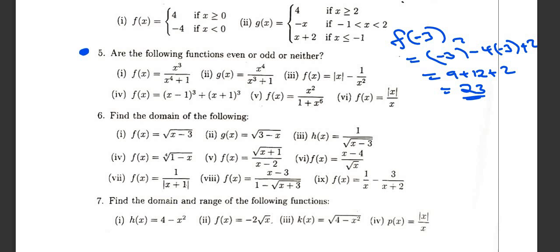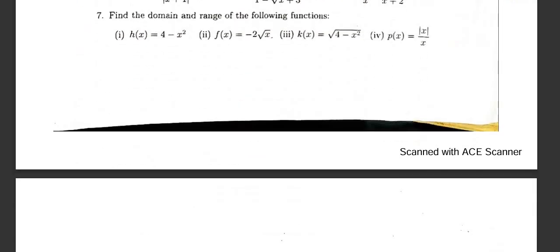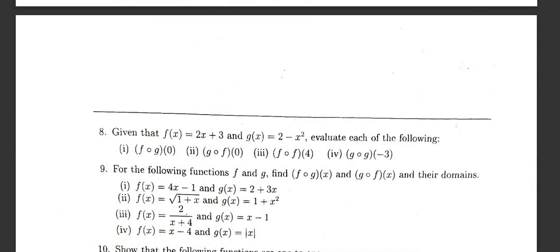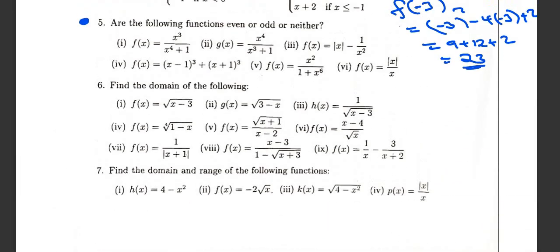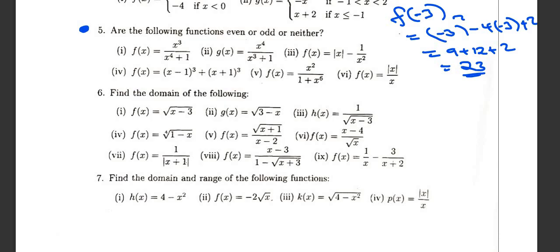We did how to determine whether a function is odd or even. So I'll answer number 5, then we'll go to number 6 and 7. Then this will be enough for today. Then we'll come back to composite and then getting the piecewise function sketching like question 4 later on. So today let me do 5, 6, and 7.